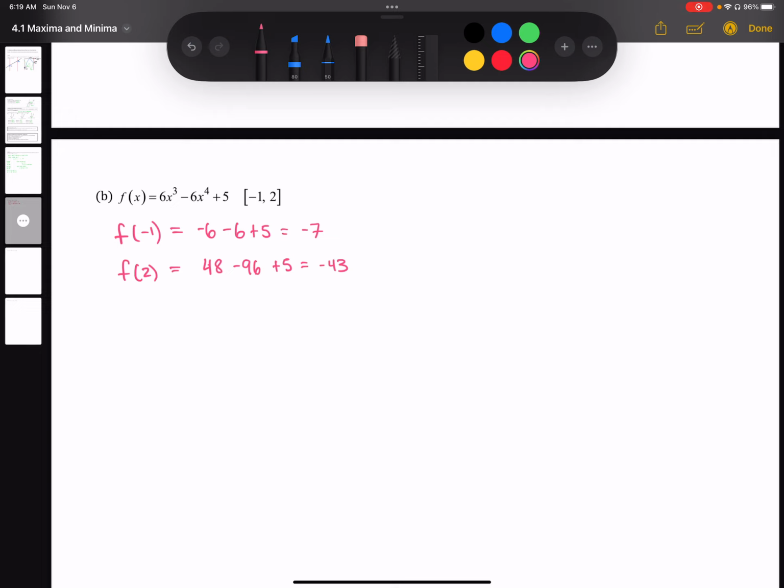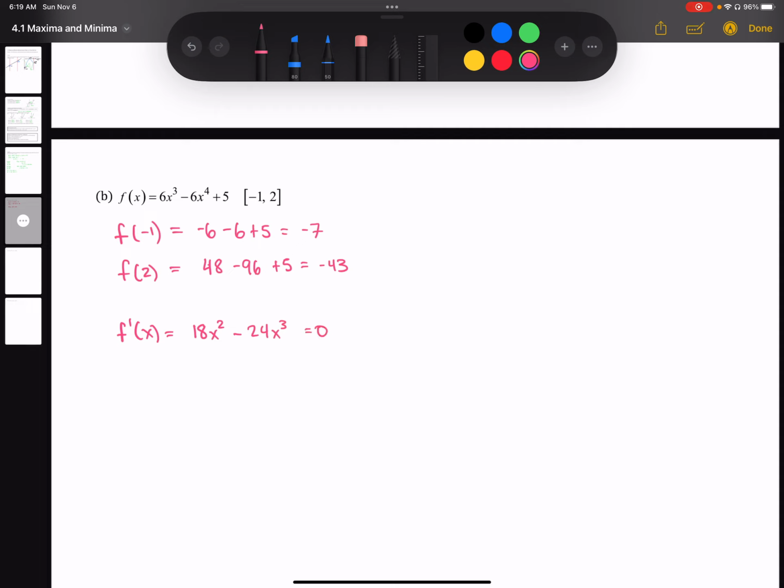All right. So now we need to see if we have critical values in this interval. F prime of x is 18x squared minus 24x cubed.